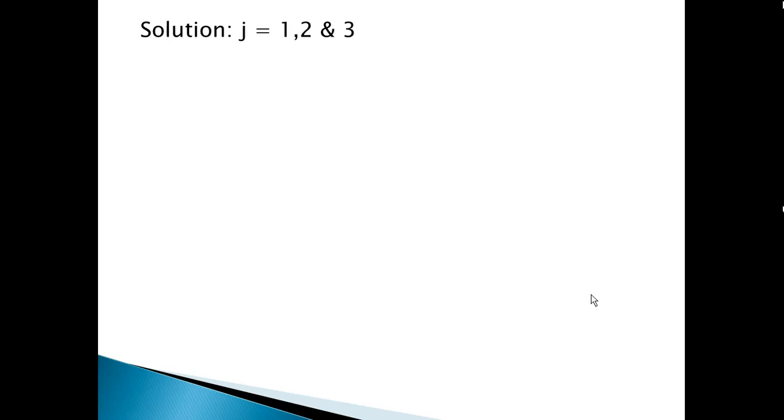Now the solution: there are 3 precision points. We know the Chebyshev spacing equation: xj equal to half of (xs plus xf) minus half of (xf minus xs) into cos of pi into (2j minus 1) upon 2n, where n represents the number of precision points and j represents the respective precision point.